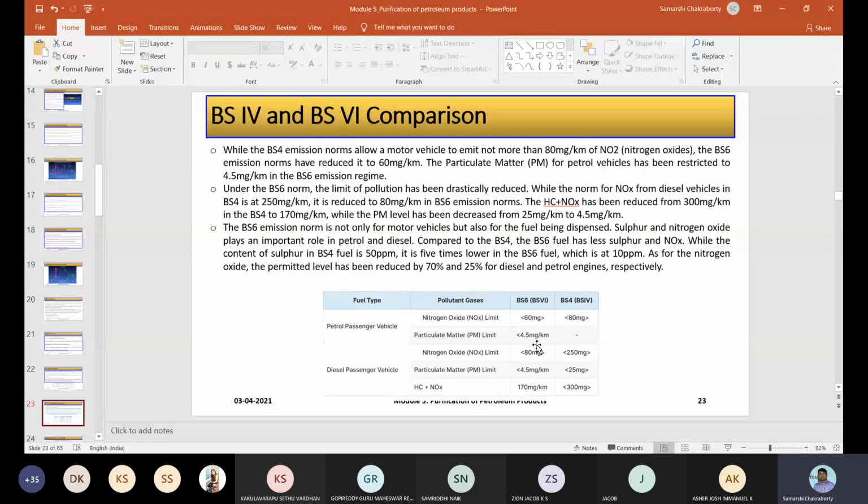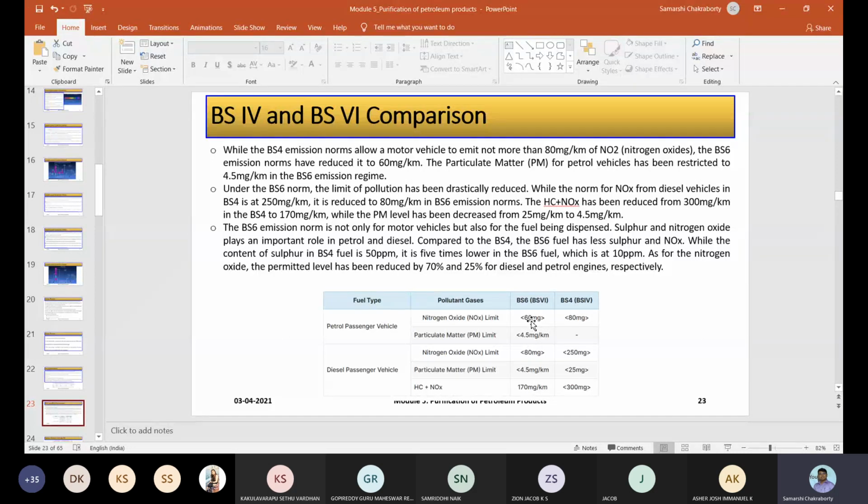If your car runs for 1 kilometer, it should not emit particulate matter more than 4.5 mg, which is a very high quality petroleum product. And they have also limited the nitrogen oxide limit to 60 mg.